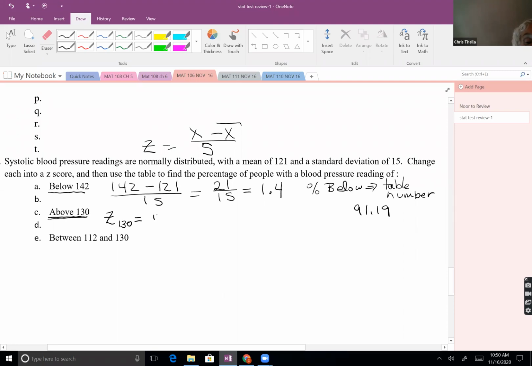For 1.4, the percentile below is 91.92. Somebody told me that, so we got it. I think you're writing 91.19. Is that what you said? No, oh okay, I heard wrong. 91.92, okay. I apologize, I misheard. It's a good thing there's an eraser in here.